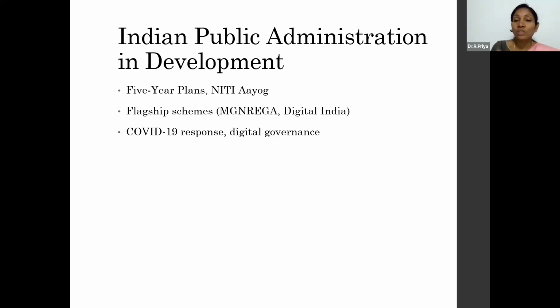We can download the vaccine certificate from the app itself. Another thing is we can get the appointment through the app. So these things were helpful for every individual, avoiding queues and avoiding some struggles also, right? The massive vaccination campaigns were coordinated by the local public health department, showing administrative capacity in crisis.